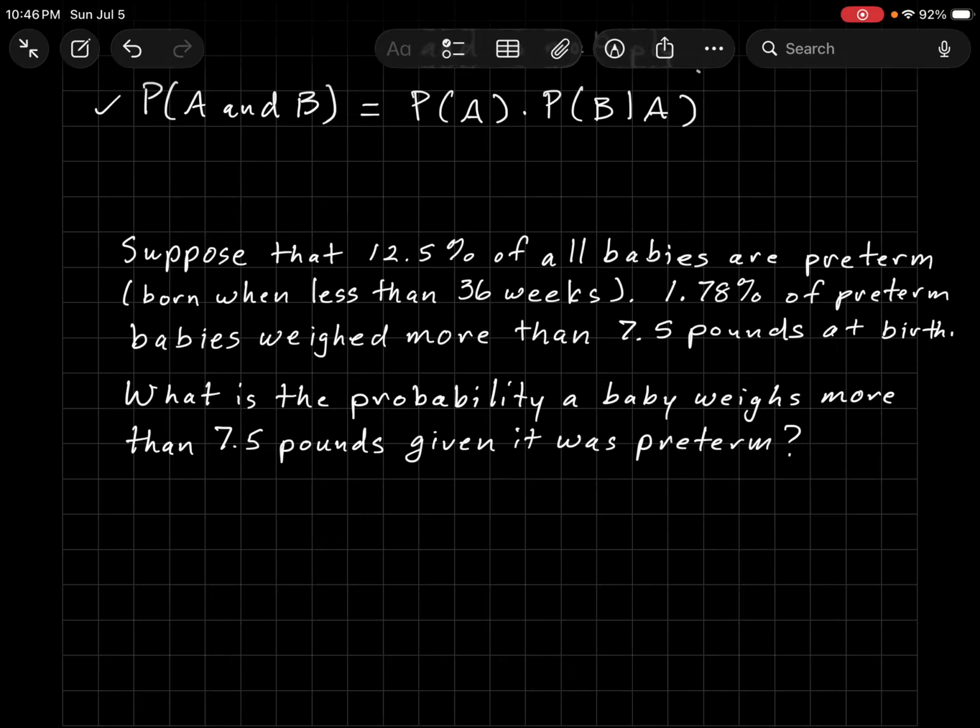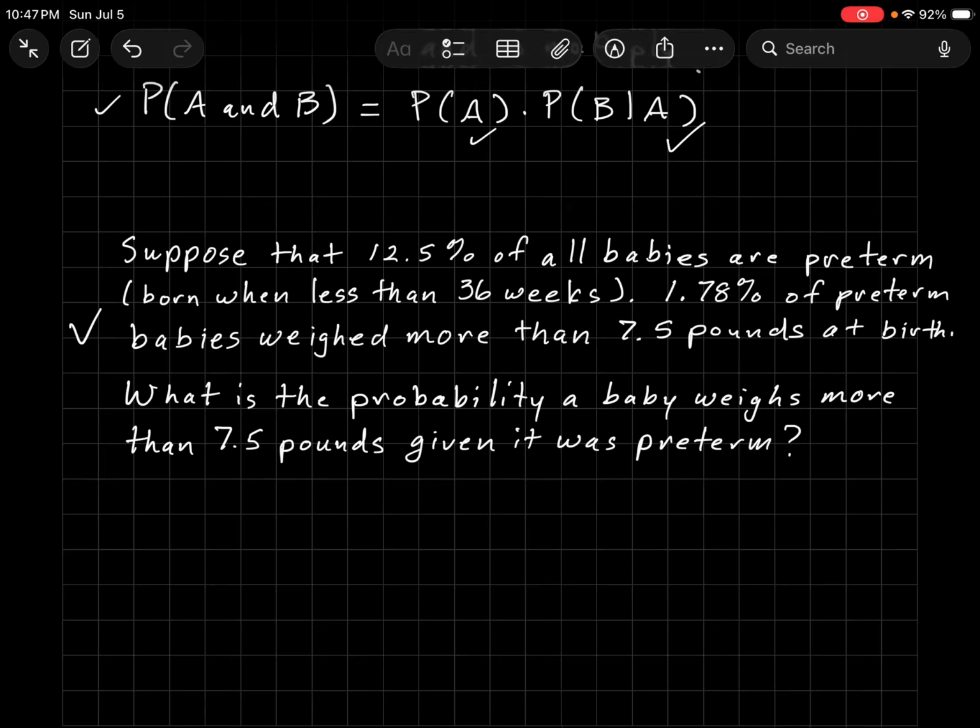So something in here is probability of A and B. Something up here is a probability of A. And something up here that is in my problem itself is a probability of B given A. Or one of these three things is the one that I'm trying to find. So which two are given and which one am I trying to find and how do I know?